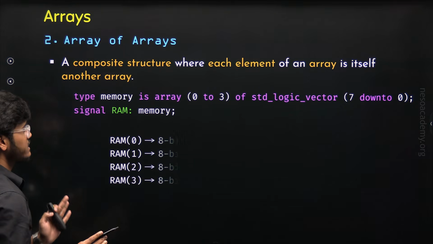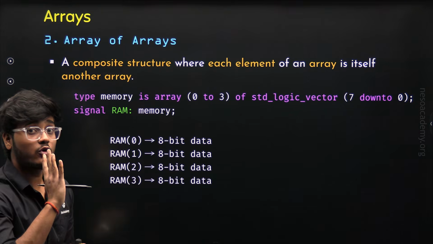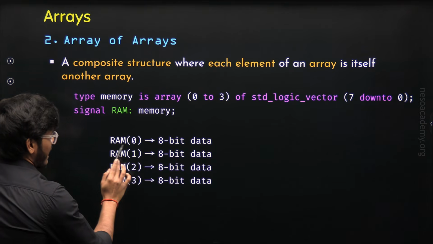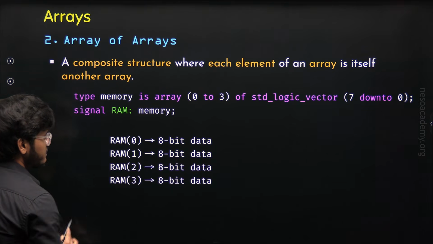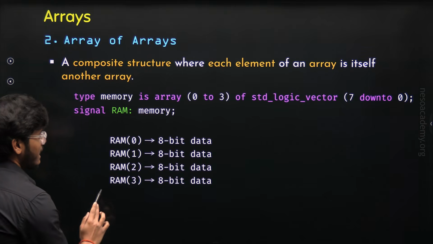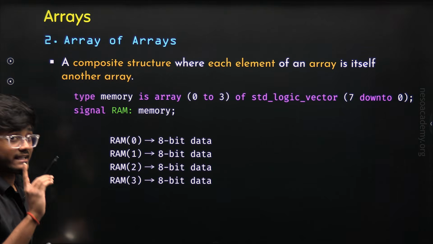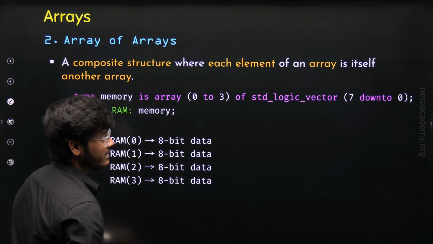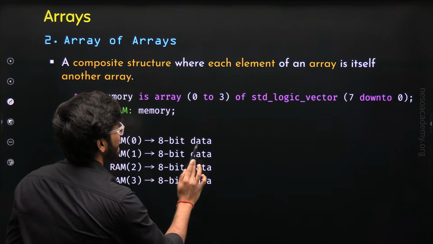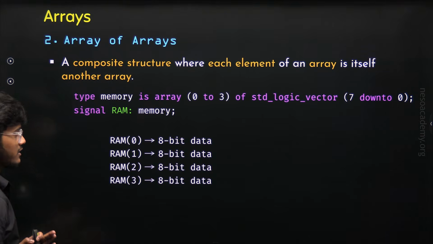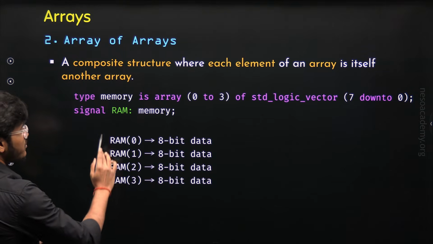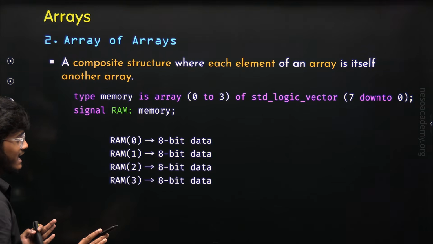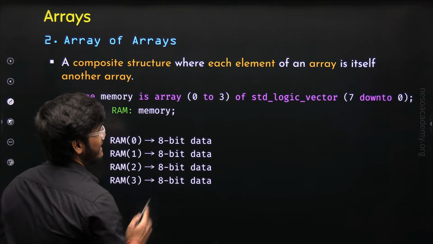Means for this signal RAM, we are creating 4 arrays: RAM 0, RAM 1, RAM 2 and RAM 3. And each array contains an 8-bit standard logic vector or 8-bit data.